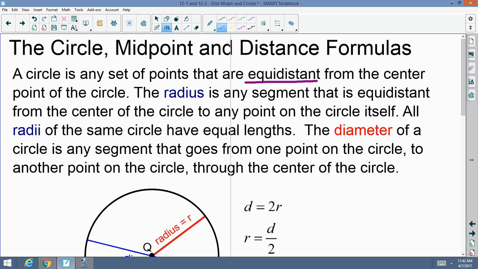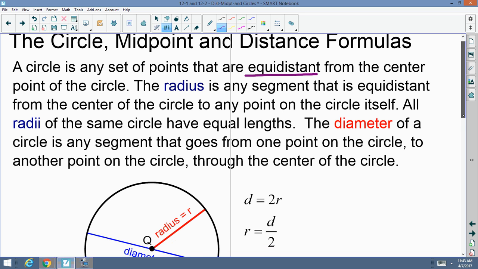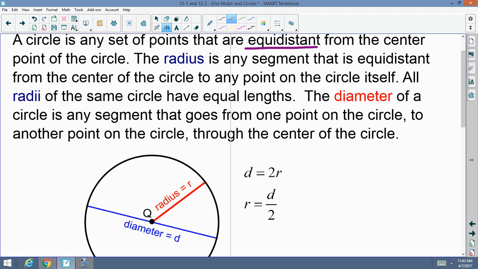The radius is that segment that is equidistant from the center of the circle to any point on the circle itself. This is the radius right here. And the radius is constant throughout the whole circle. All radii of the same circle have equal lengths.